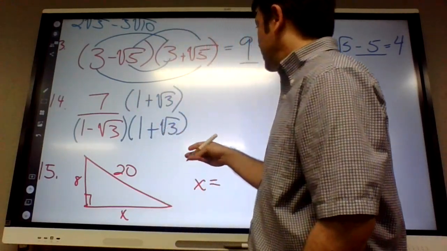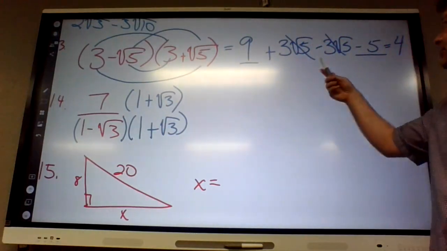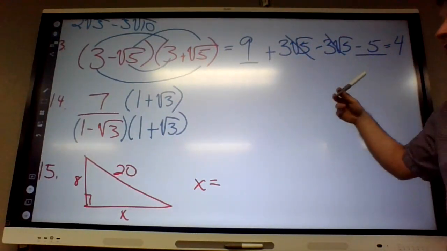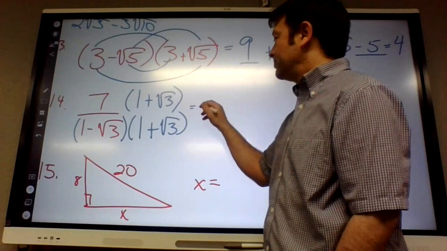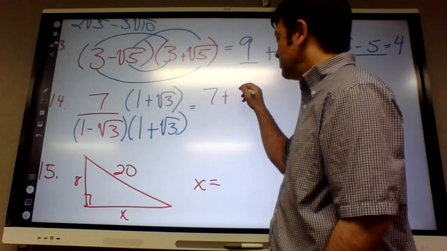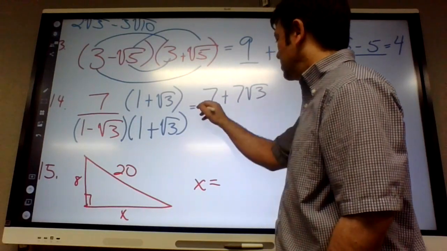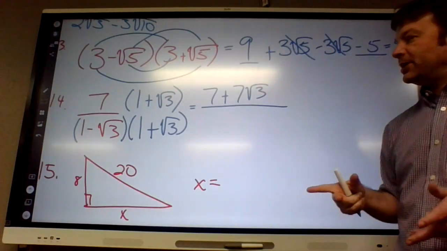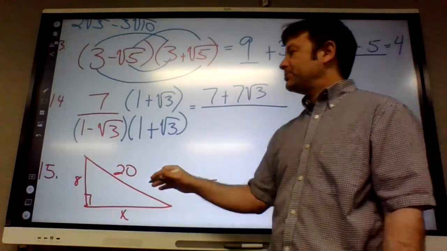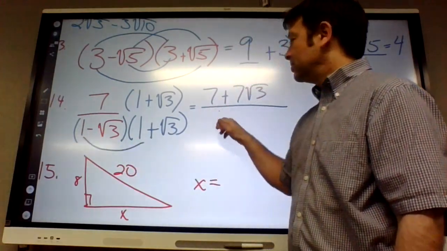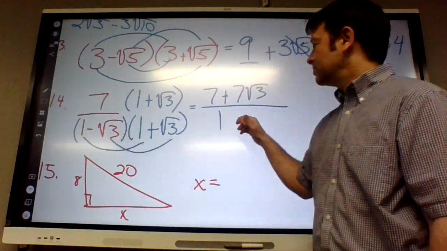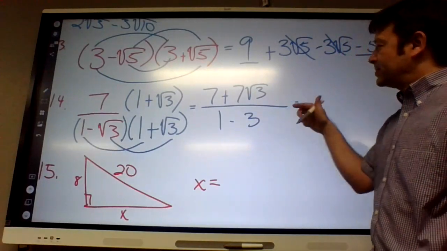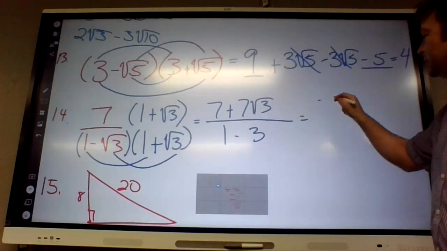Just like on 13, the square root goes away when you do that. So what's the top going to become? 7 plus 7 square root of 3. What's the bottom? Because conjugates, the outside and inside cancel out, you can just do first and last. What's the first? 1. What's the last? Negative 3.